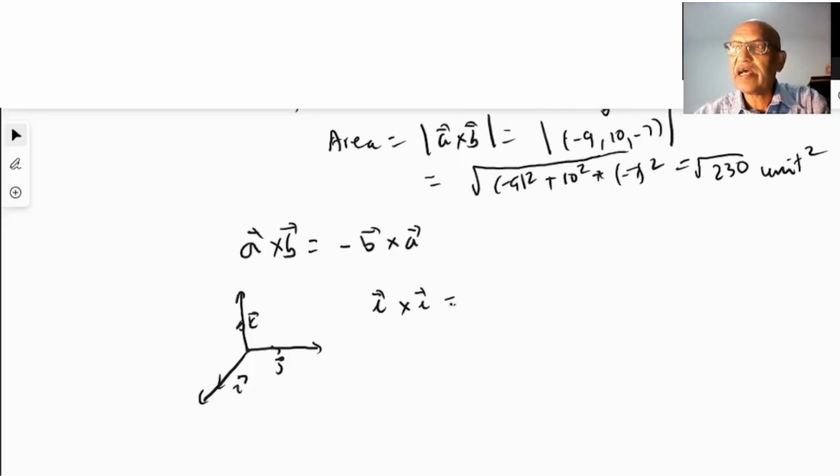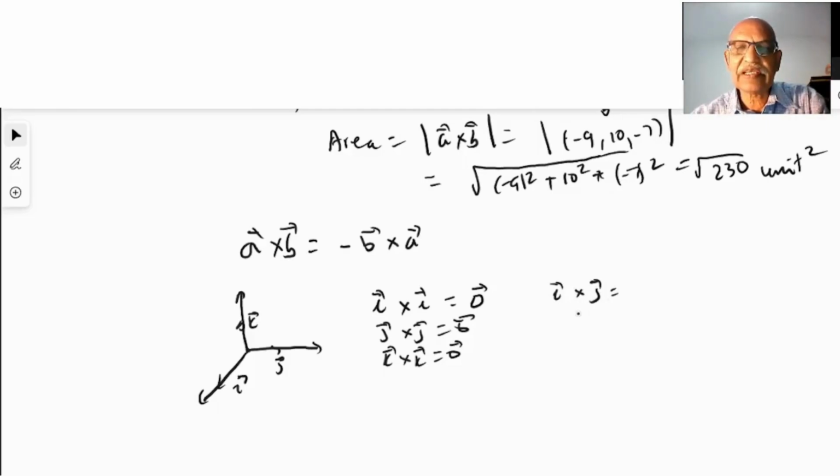Therefore, i cross i will be the 0 vector. j cross j will be the 0 vector. k cross k will be the 0 vector. But if I have i cross j, we are going counterclockwise here. Therefore, the third vector is perpendicular to both of them. Therefore, i cross j will be k.